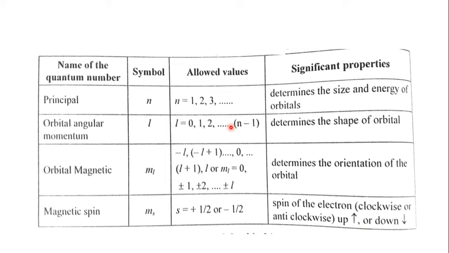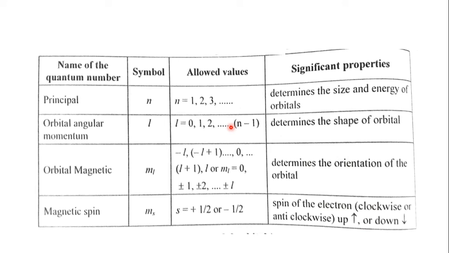The next is the orbital magnetic quantum number. It is denoted by ML. So ML depends on the azimuthal quantum number. ML is equal to 2L plus 1, so whatever value we get, that many values ML consists of. Its values run from minus L, through 0, to plus L. ML determines the orientation of orbitals.